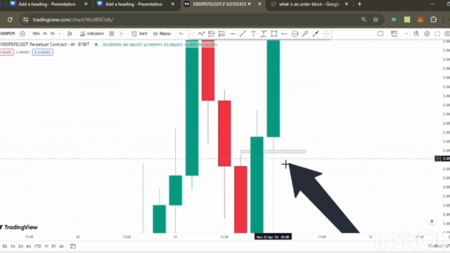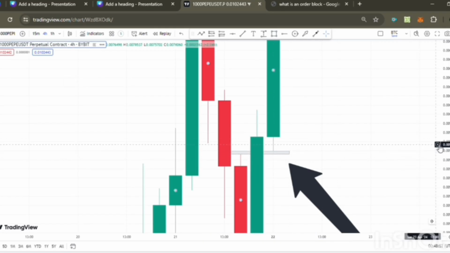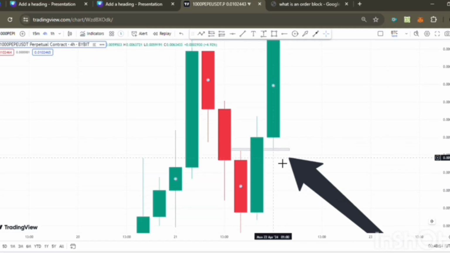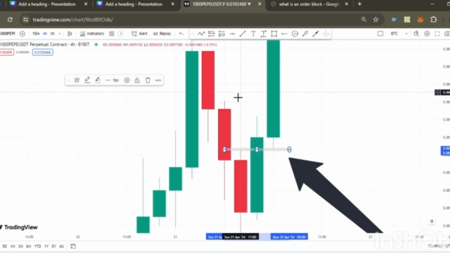This small gap you see here, the market tends to fill it up, no matter how small or big the gap might seem in your eye. The market will always come to fill it.